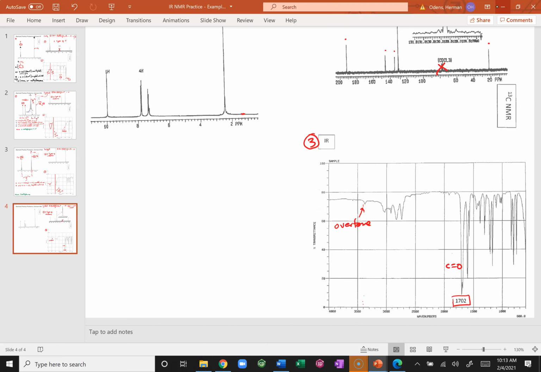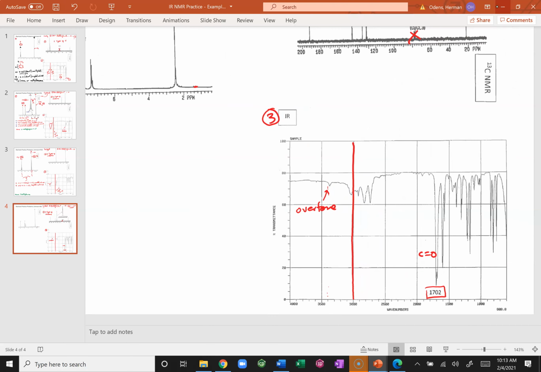Awesome. So, next thing we'll do, we're going to trace a line for my 3000. All right? Do we have anything on the left side of that line? Any peaks? We should. We have a benzene ring. So this little thing right here, that's my benzene. Those are my sp2 CHs.